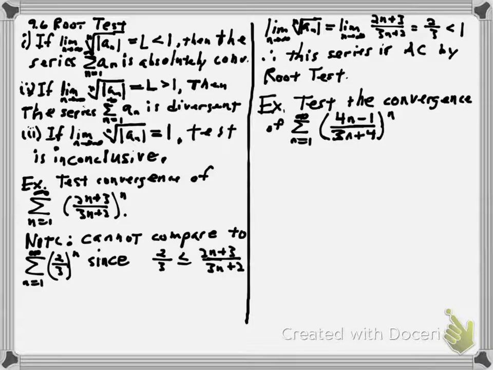Okay, so now as a second example, we're going to test the convergence of the series given here, where we have this expression (4n minus 1) divided by (3n plus 4) being raised to the nth power. And so here it's obvious the root test is the way to go. Again, if we wanted to try to compare this to a geometric series, we would want to compare it to the geometric series of ratio 4/3.